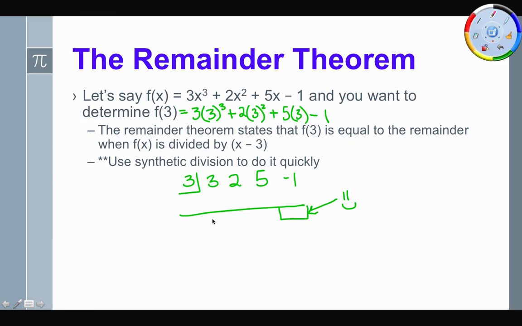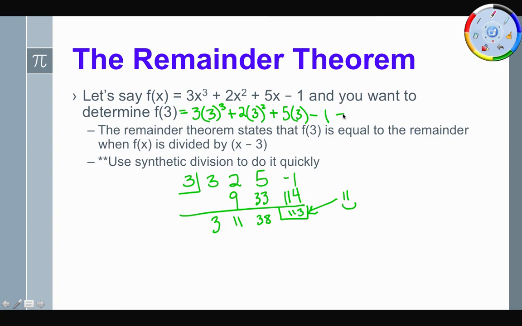All right, so I go 3, drop 3, multiply by 3 gets me 9, add 9 and 2, I get 11, multiply by 3, I get 33, add 5, I get 38, multiply by 3, I get 114, and 114 minus 1 is 113.